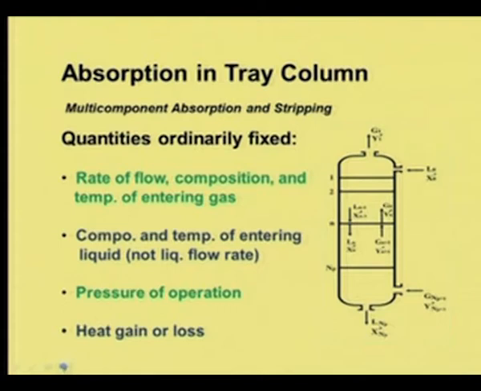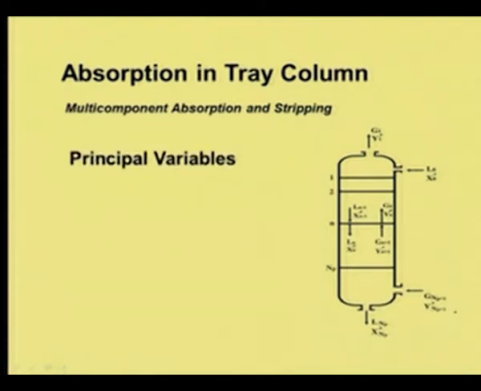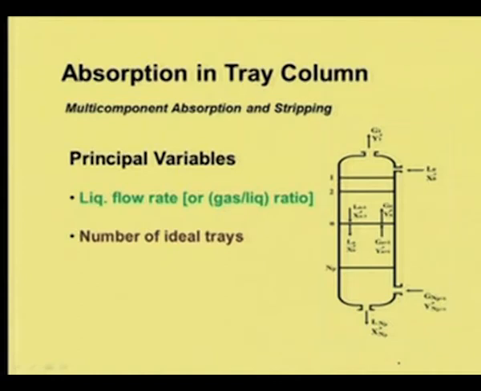So, the principal variables which still remain are the liquid flow rate or the gas liquid ratio, the number of ideal trays and the fractional absorption of any one component. If we fix any two of these, then the third will be automatically fixed.